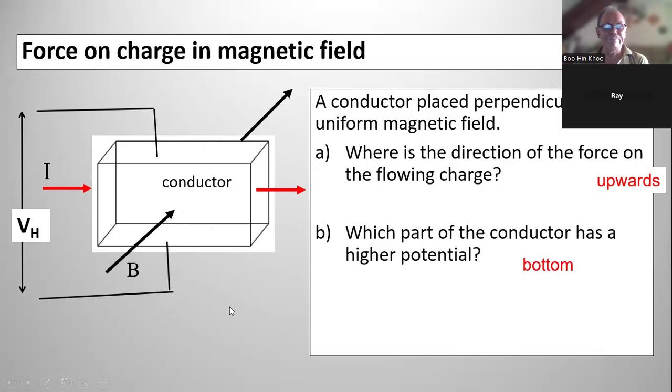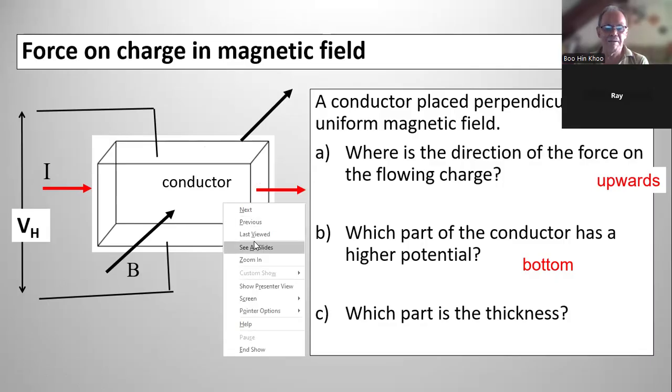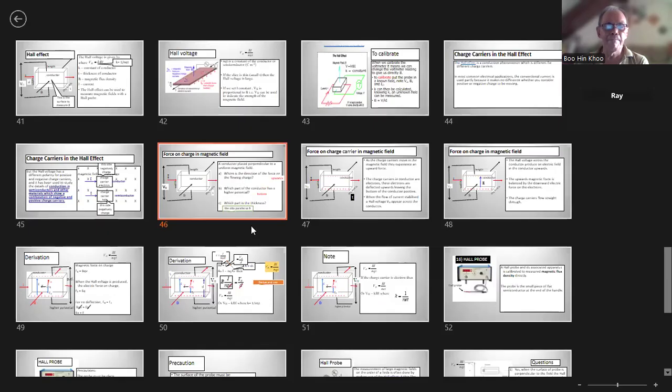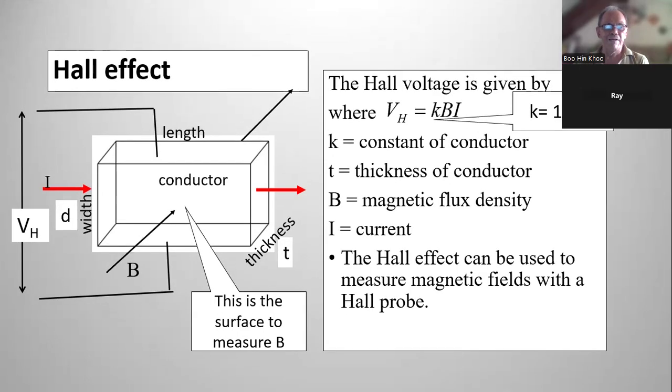Which part is the thickness? The length of the conductor is where the current flows. That's the width, where the field is going through.